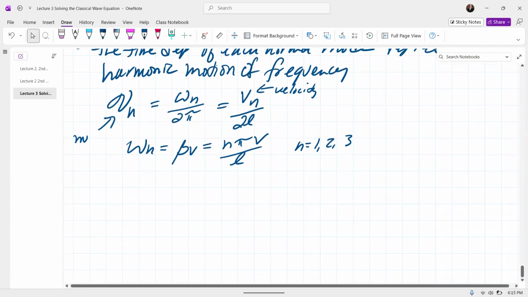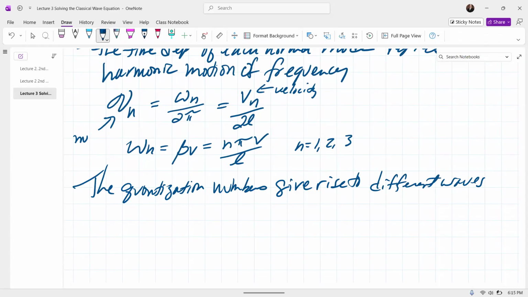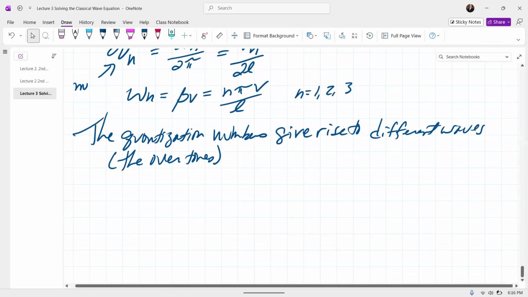This gives the quantization numbers. Quantization numbers, that is the n's, give rise to the different waves. These are the overtones. This is how you get overtones in stringed instruments.